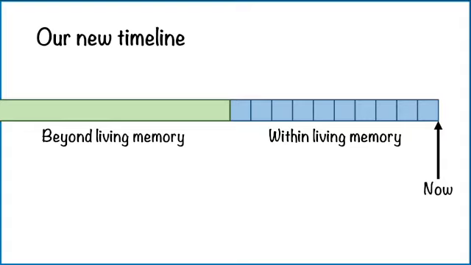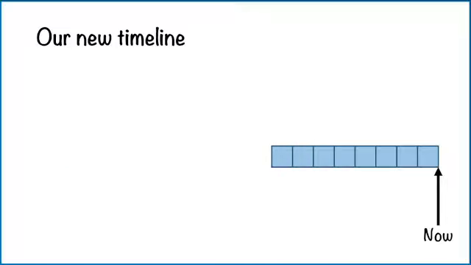Let's have a look at some timelines, shall we? Once again, we're starting at now and working backwards. Let's count back in time. 10, 20, 30, 40, 50, 60, 70, 80, 90, 100. That's 100 years into the past.